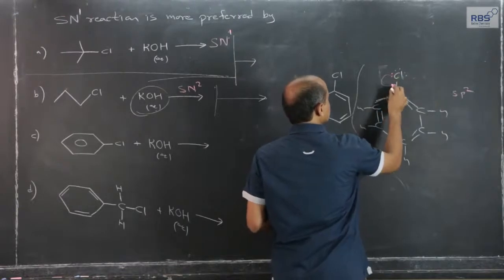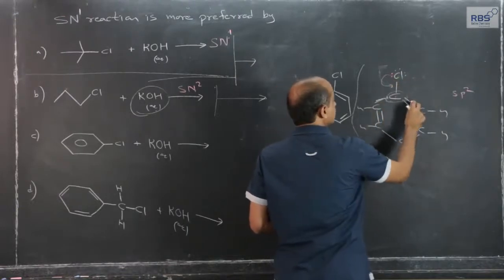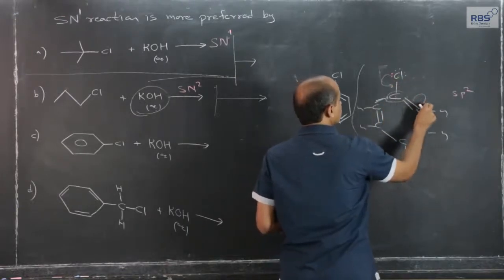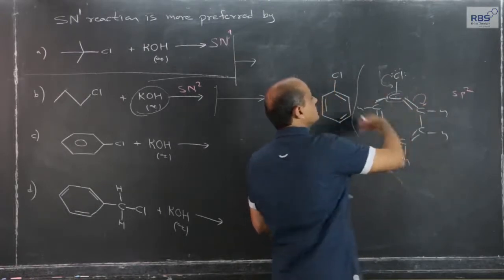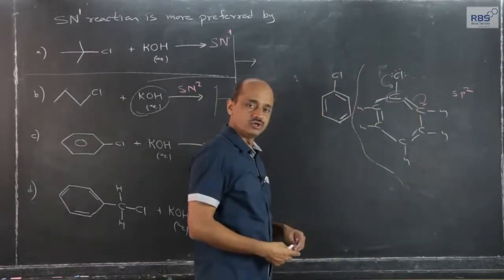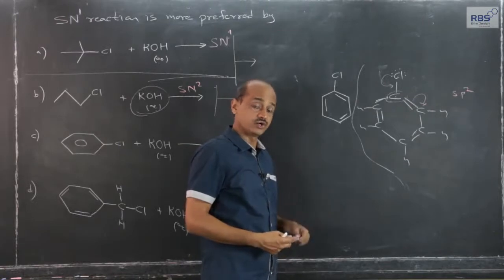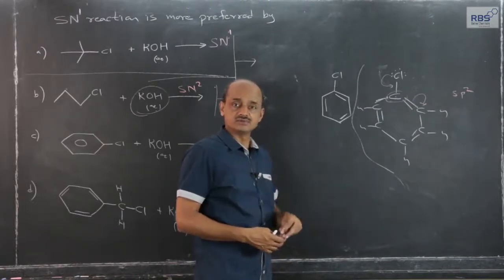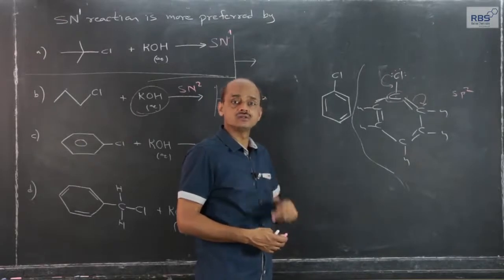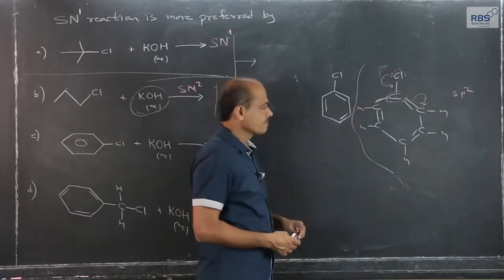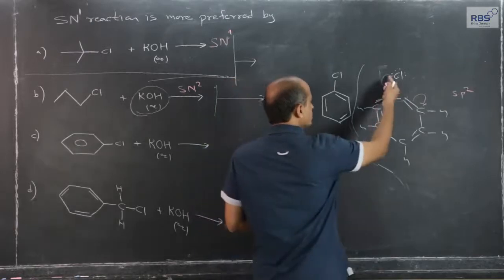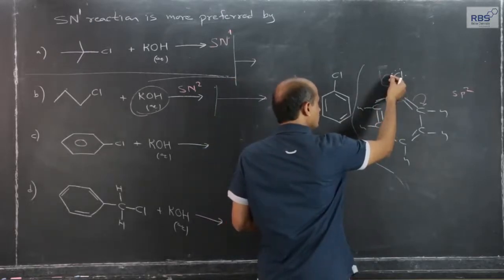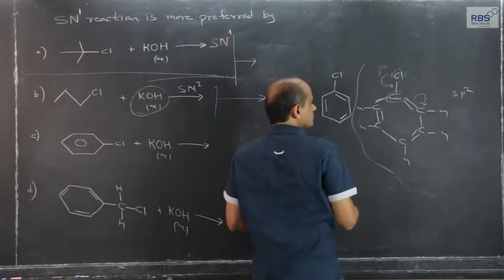and this lone pair, if it gets shared here, the pi bond will get transferred here, and then the various resonating forms, as in the resonance part of our theory, plus R and minus R. Aniline we might have considered, phenol, similarly chlorine. So, because of the various resonating forms, the electron density in the ring increases.